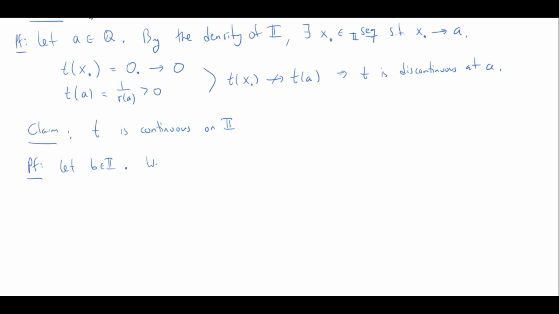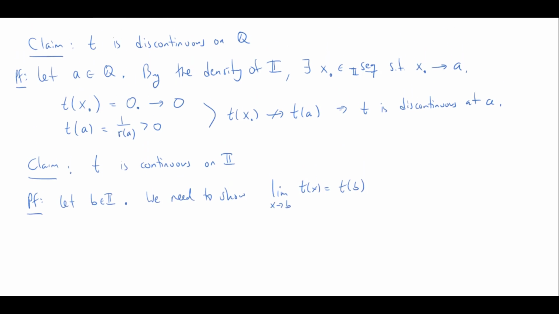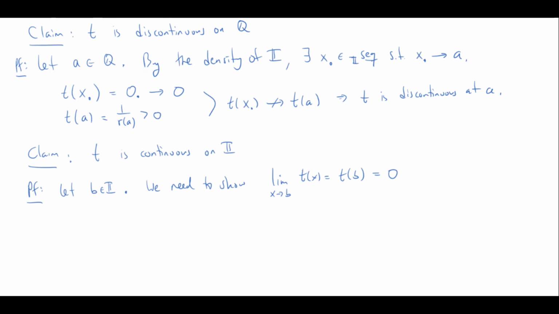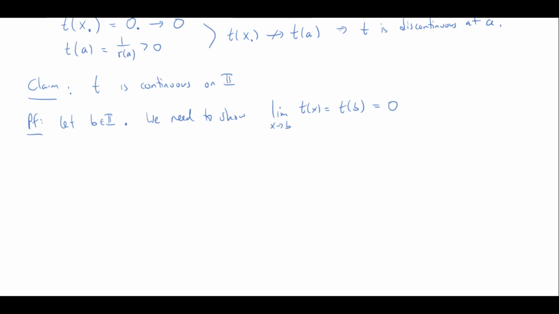We need to show that the limit as x approaches b of T of x is equal to T of b. And what is T of b? Well, b is an irrational number, and Thomae's function is 0 on all the irrationals. So T of b is 0. All right, so that's not too bad. We need to show that the limit of this function is 0.